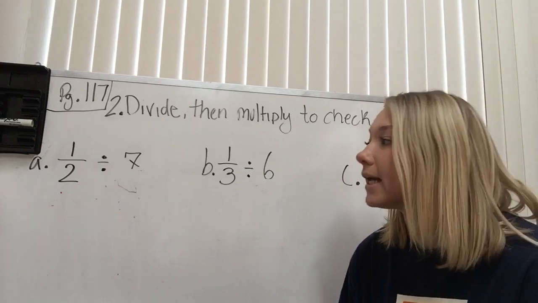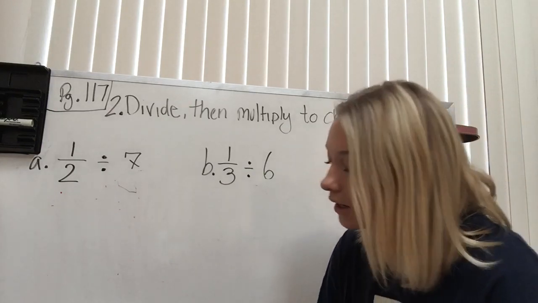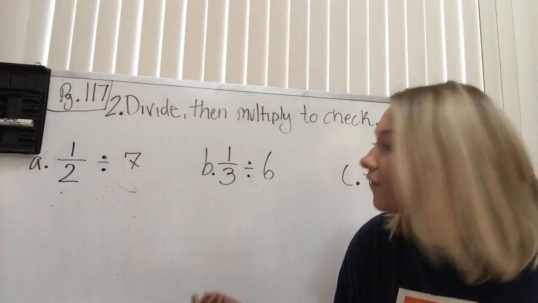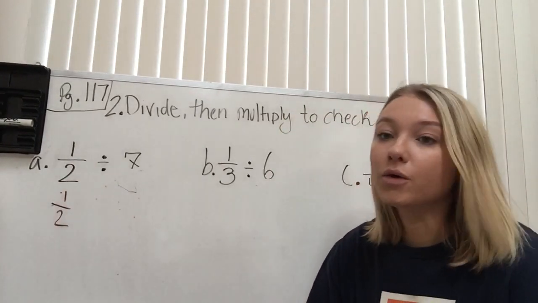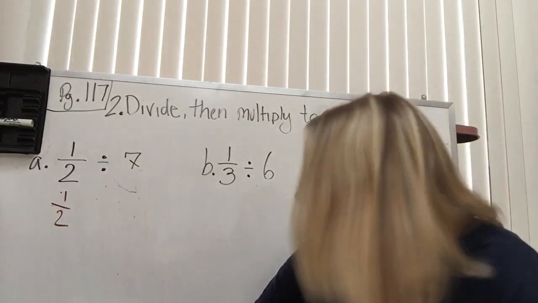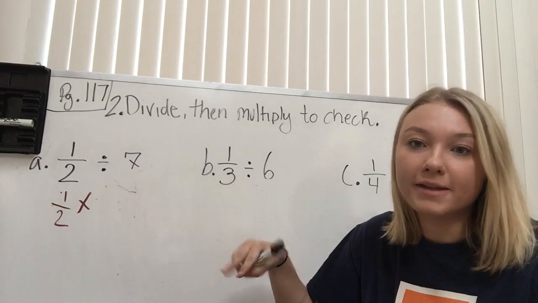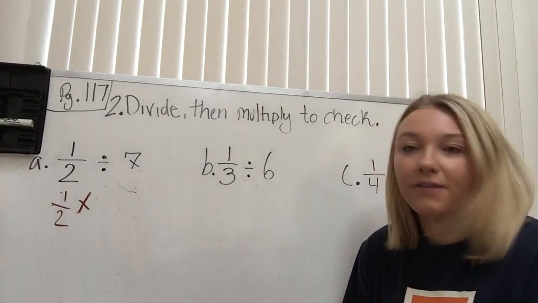A says 1/2 divided by 7. So I'm gonna go through our process and keep the first factor, so we have 1/2. Then I'm going to change the sign, and then I'm gonna flip the second factor. So Miss Sullivan, how do I flip 7?